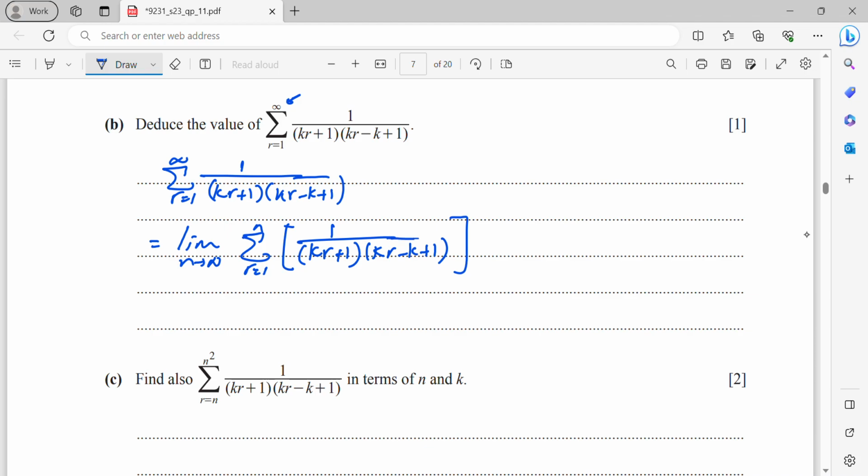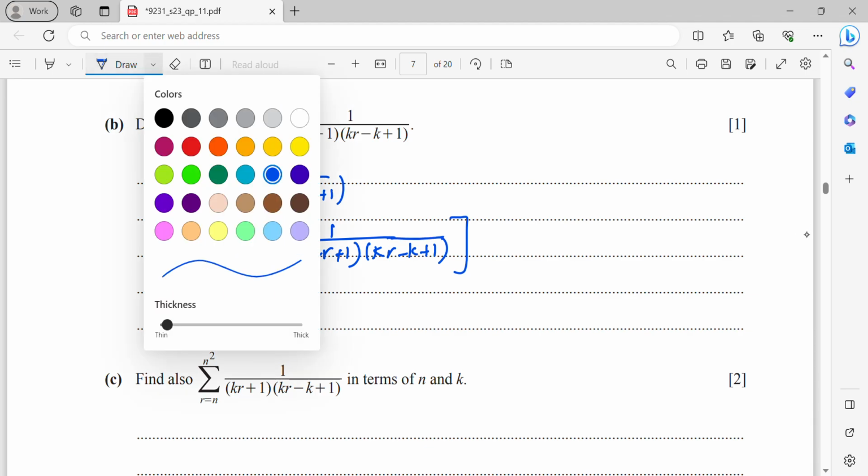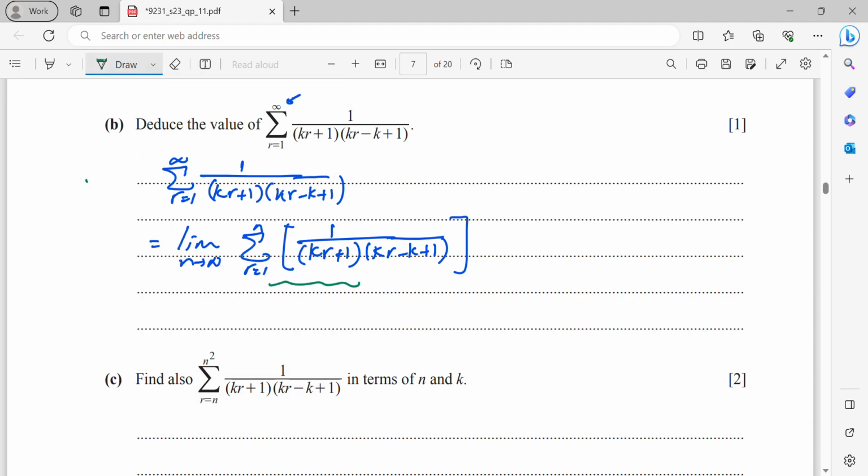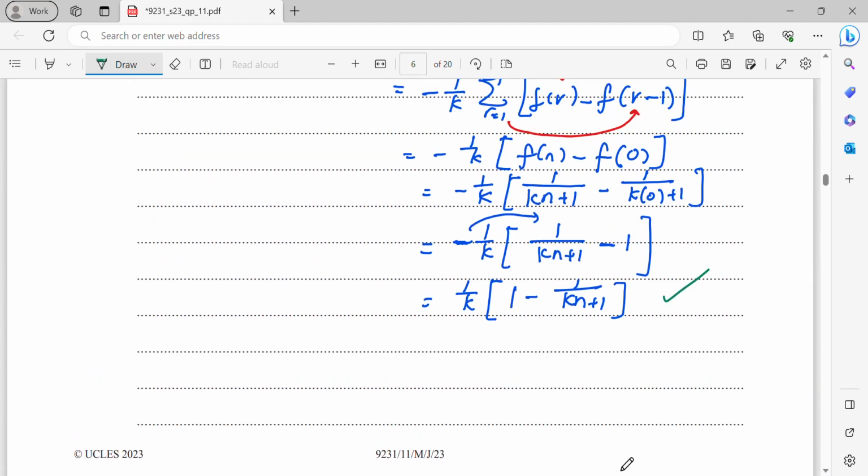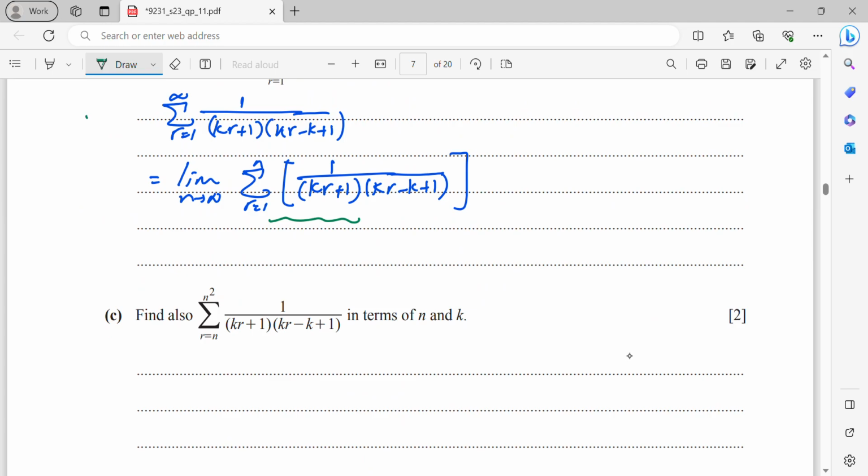Alright, now I will copy this result from the previous part, so I will replace it. Then here becomes limit n tends to infinity, 1 over k bracket 1 minus 1 over kn plus 1.